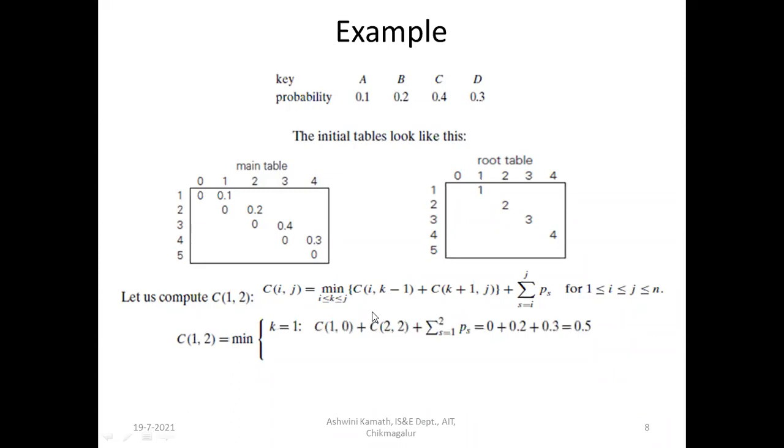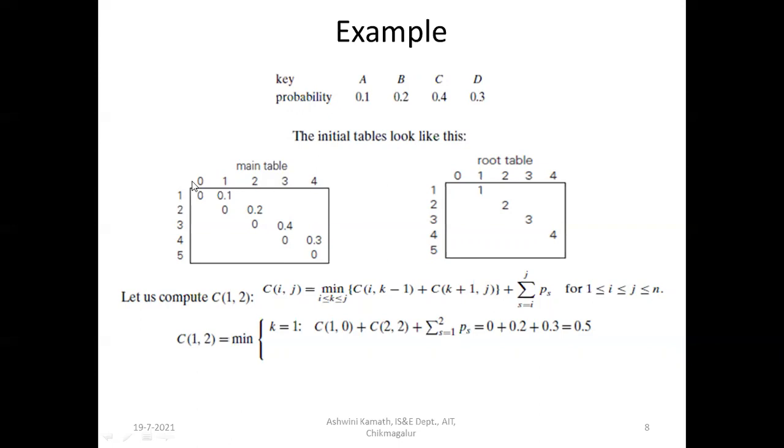First we'll write for k is equal to 1. Apply the value here: C of 1, 0 plus C of 2, 2. The i value is 1 and the k value is 1, so k minus 1 is 0. Again, k plus 1 is 1 plus 1, which is 2.